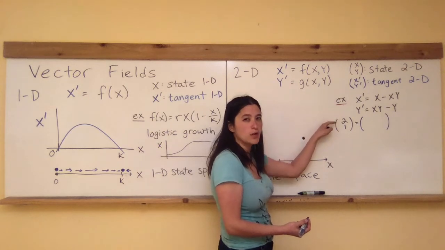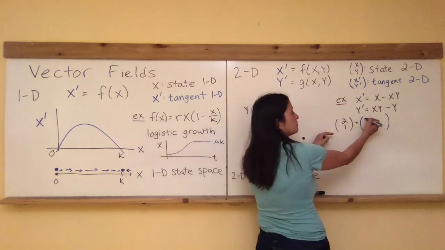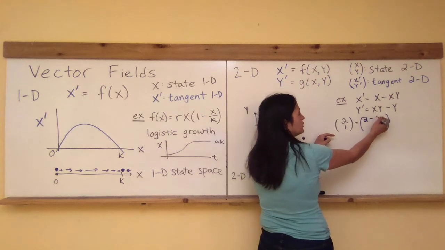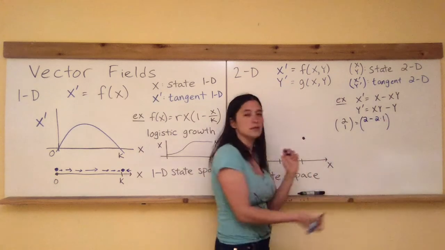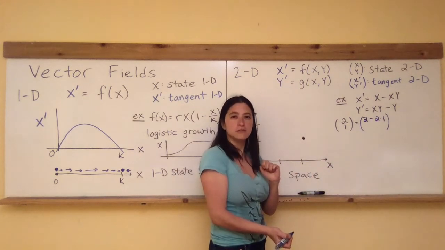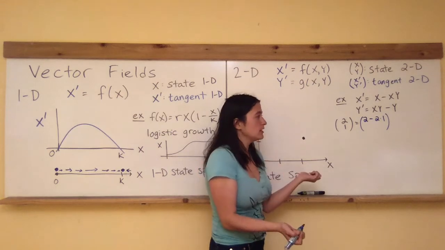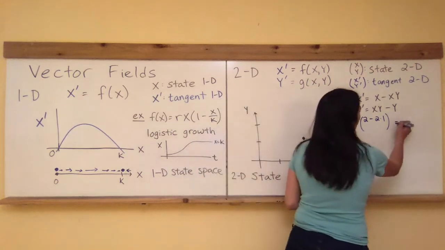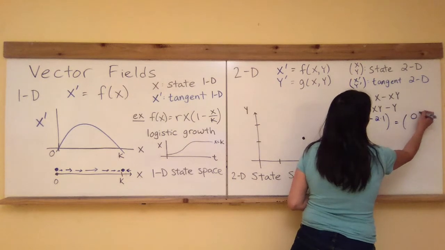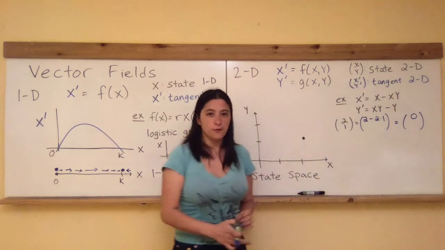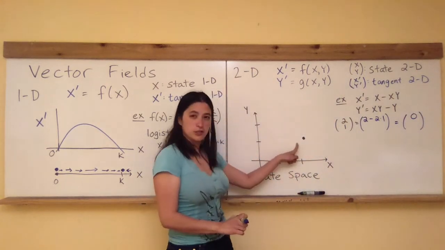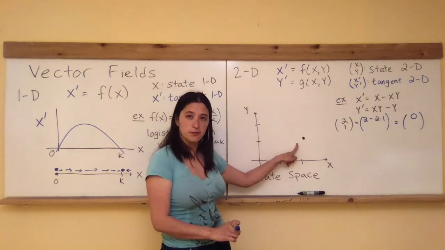X is 2 and y is 1. So that means that x prime is going to be 2 minus 2 times 1. Okay? You see how I did that? So then that's 2 minus 2, which is 0. And so the x prime component for the vector field at this particular point is 0.